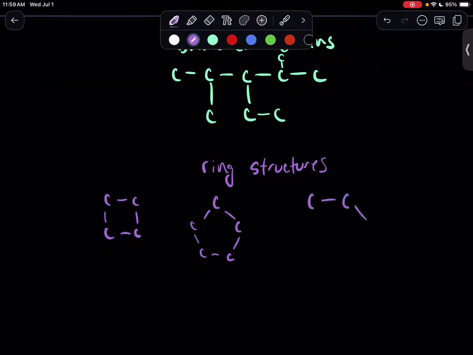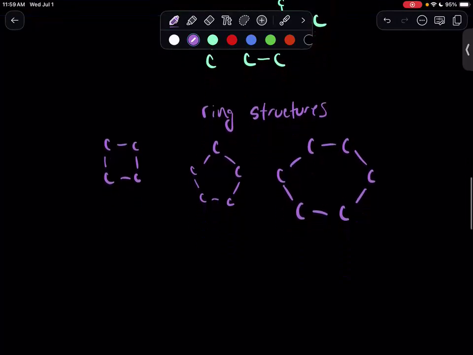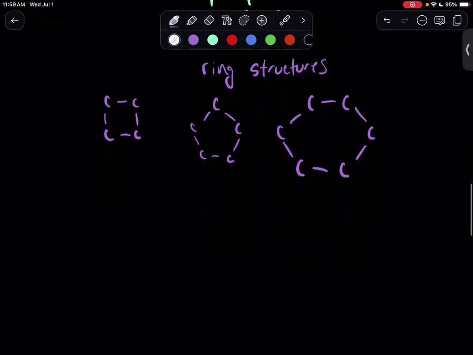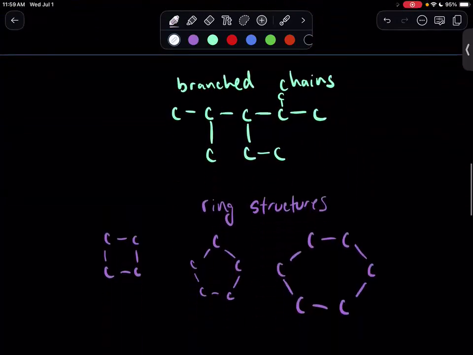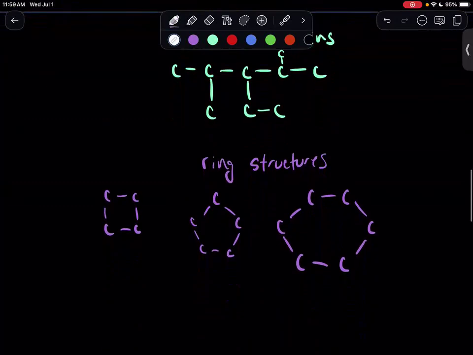And we have 6 carbon rings, which are pretty much all sugars, but also things like graphite and graphene use 6 carbon rings. So these ring structures are very important to organic chemistry as well. We need to identify that carbon can make any of these structures and even combinations of these structures when forming larger molecules. That's what makes carbon so special.